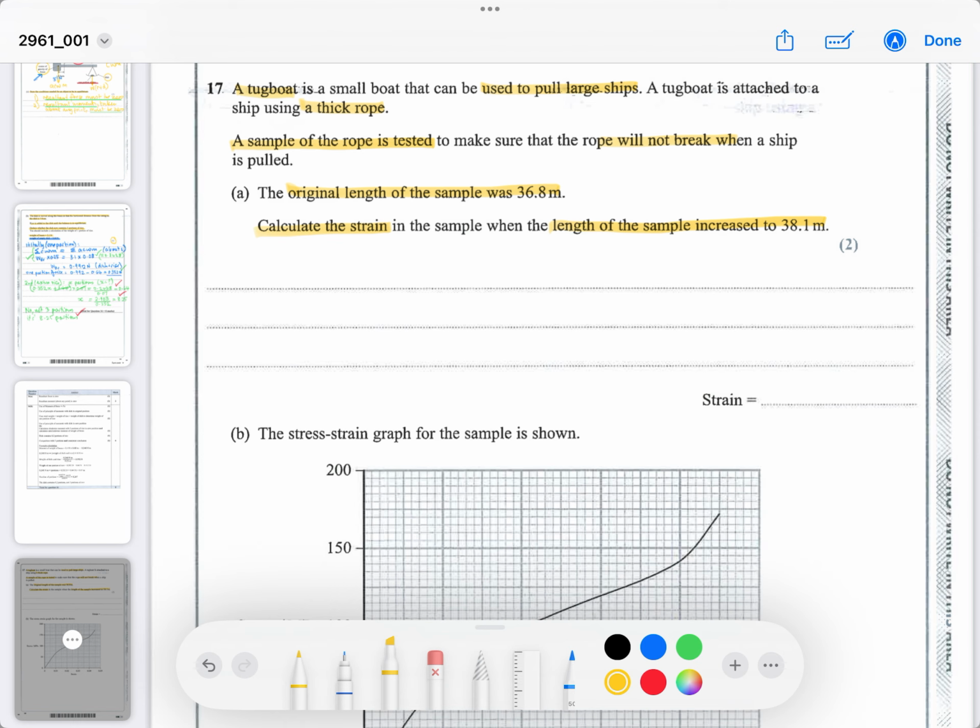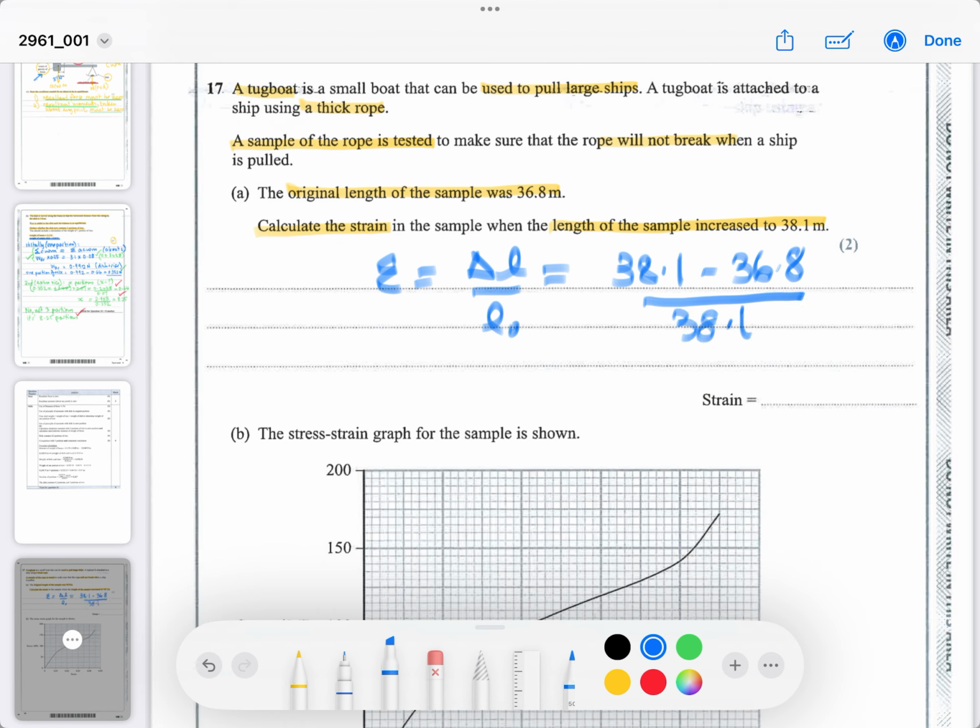So strain is given by epsilon, which is change in length over the original length. So it will be 38.1 minus 36.8 divided by 38.1.